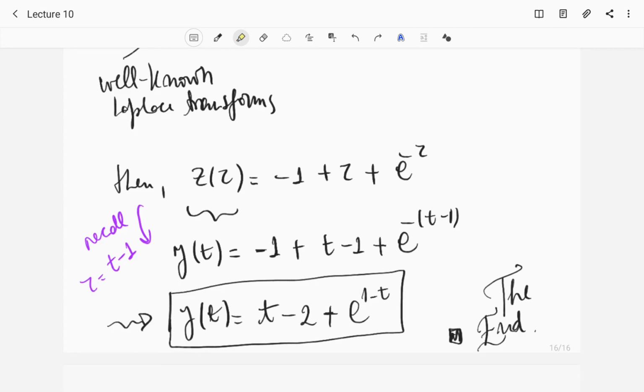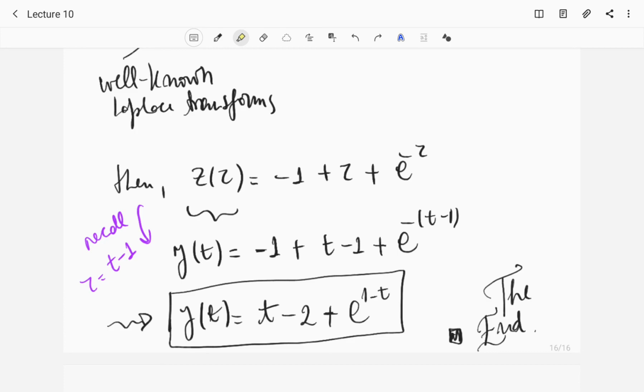In the second example, what we saw is that maybe we are not lucky and the initial conditions are given at a certain point t0 different from 0. Could be 1, could be 2, could be pi, could be any other number, not 0. The trick was adding one more step to this process that we just described: we change variable, we shift the time.